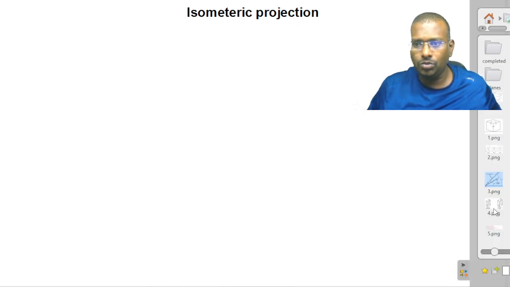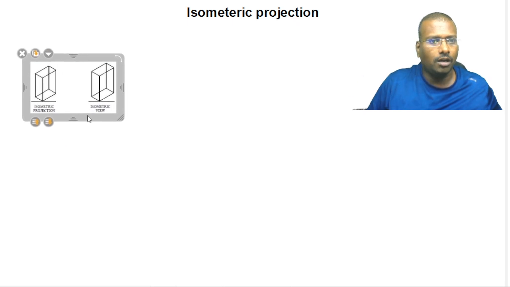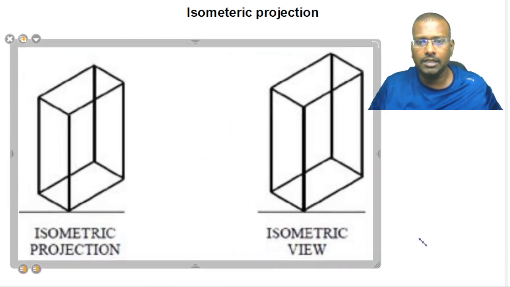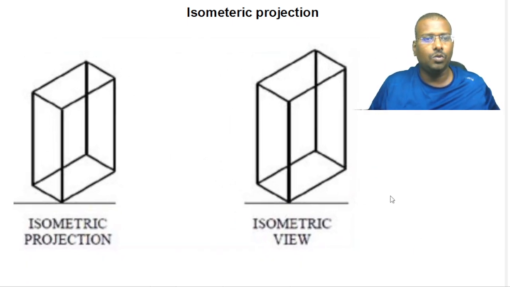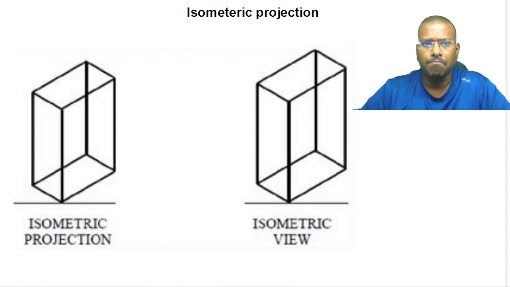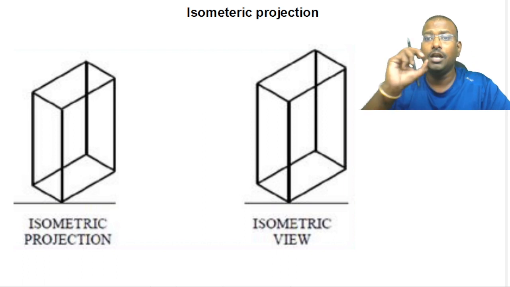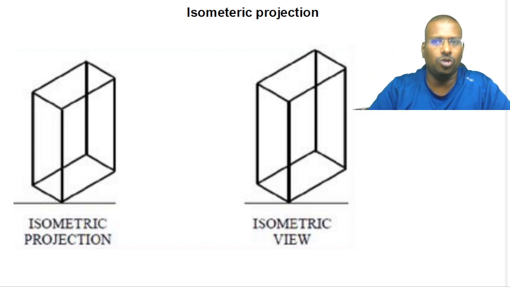What is that? Just you observe these particular diagrams. Here the same object is mentioned. If you observe two diagrams, both are same, but size wise, left side diagram is smaller in size, right side diagram is little bit larger in size.